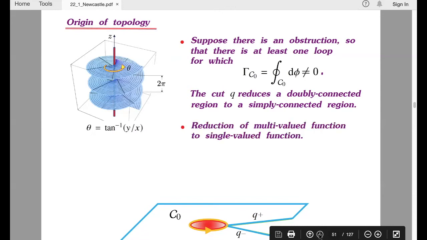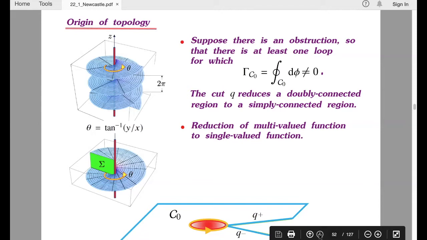Well, the use of cuts can then reduce a multi-valued function to a single valued function, because if we reduce to 2 pi any of these trigonometric functions, then evidently we can, for example, consider the inverse of these functions, etc., etc.